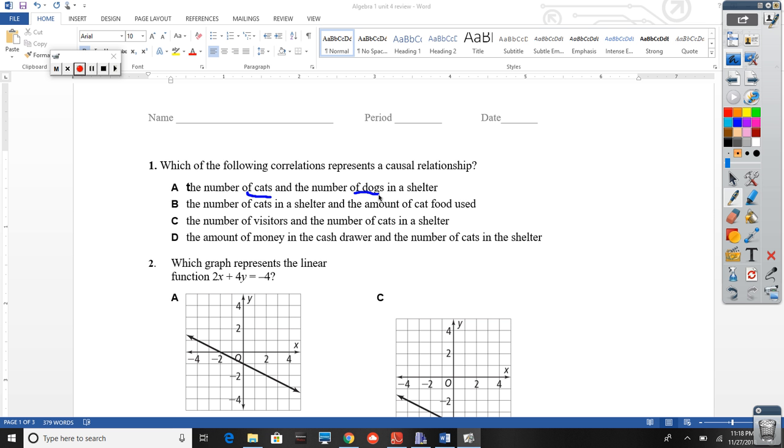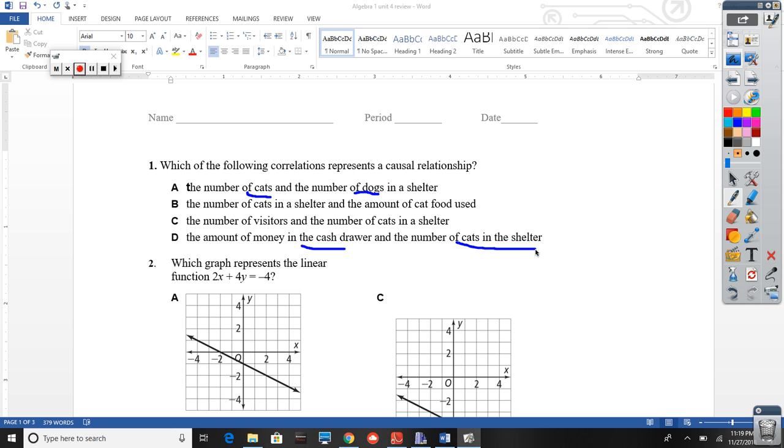And then finally, letter D, the amount of money in the cash drawer and the number of cats. Does it mean that if I have more money, then I'm gonna all of a sudden have more cats in the shelter? Okay, so think about what the answer to that one will be.